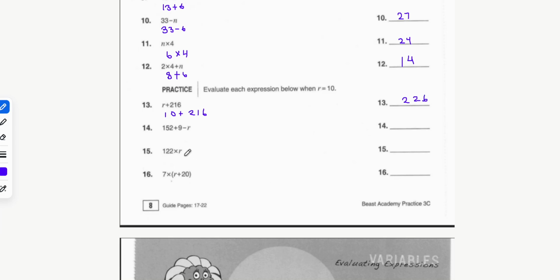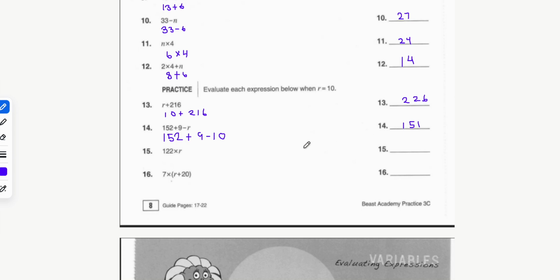When r equals 10, the expression 152 plus 9 minus r is equal to 152 plus 9 minus 10, which is equal to 151.